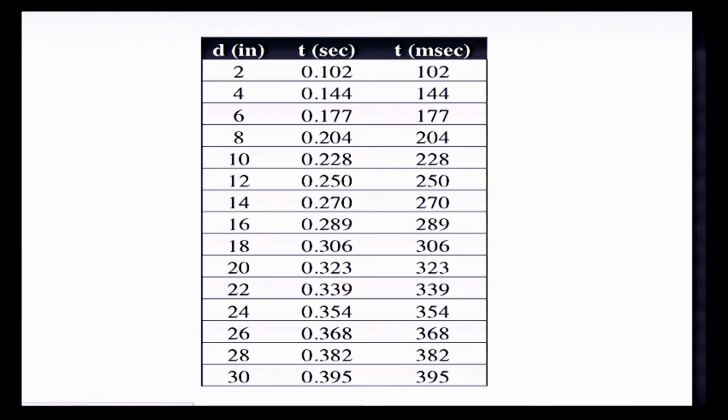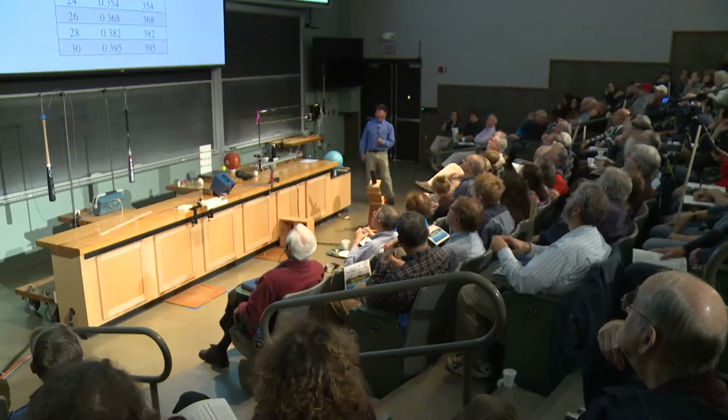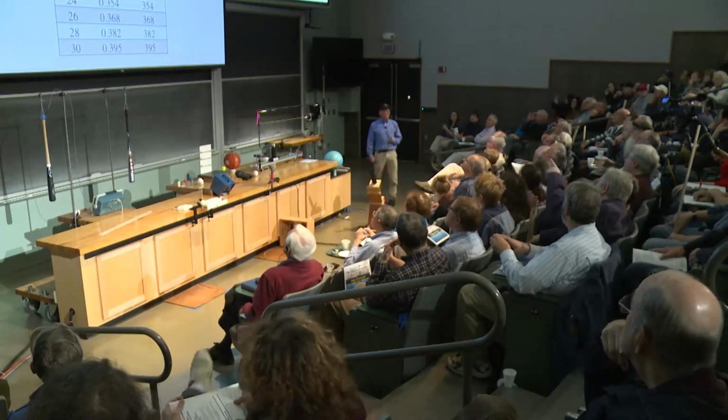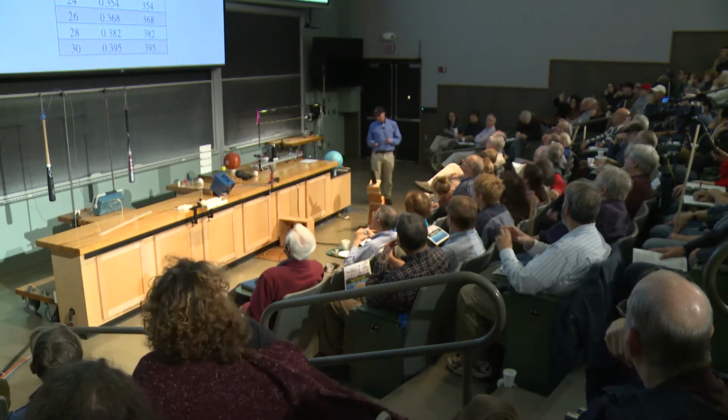So everybody who did this measurement, you got your time? All right, let me just ask for a show of hands. How many people less than 100 milliseconds? Which is less than 2 inches. You have to drop it yourself to get that. All right.